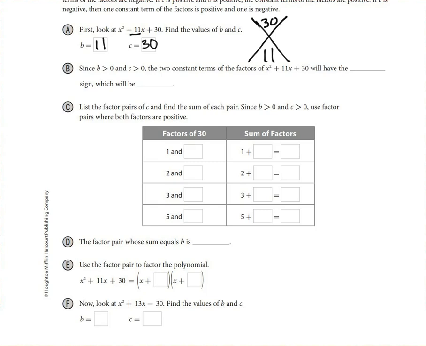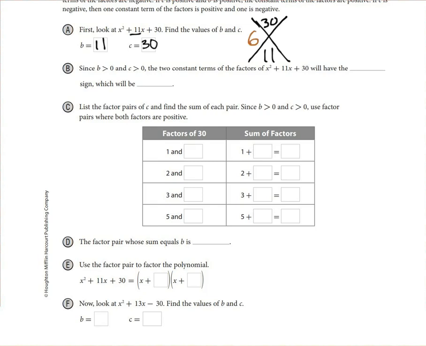So you start thinking about numbers that multiply to equal 30. You got 3 and 10, right? 3 times 10 is 30. However, those two numbers have a sum of 13, so that's not the combination we're looking for. You got 15 and 2. Once again, they multiply to 30, but they add to 17. Not the combination we're looking for. So the combination we are looking for is 6 and 5.